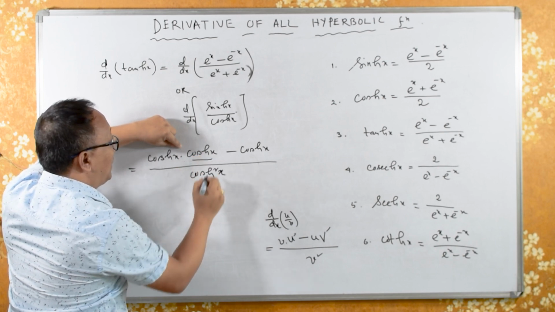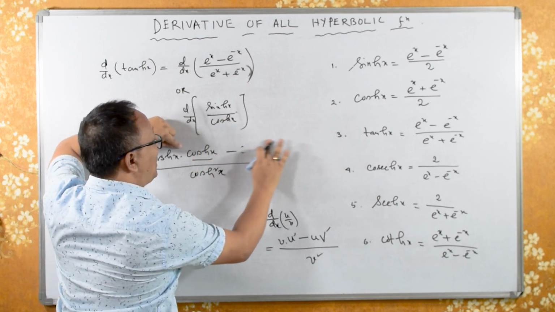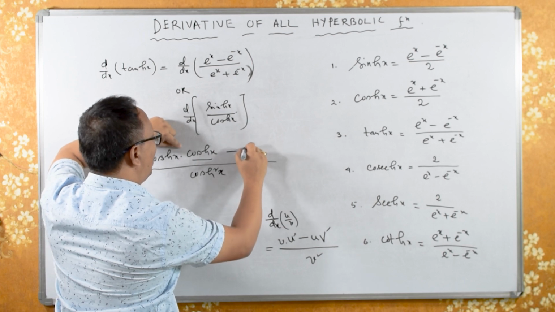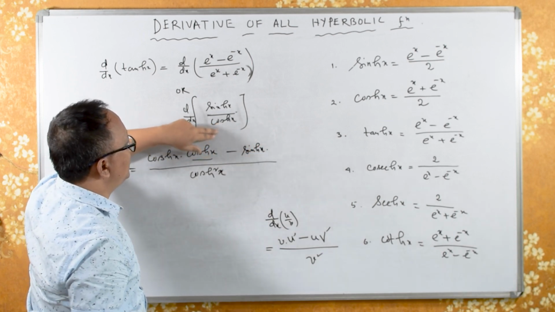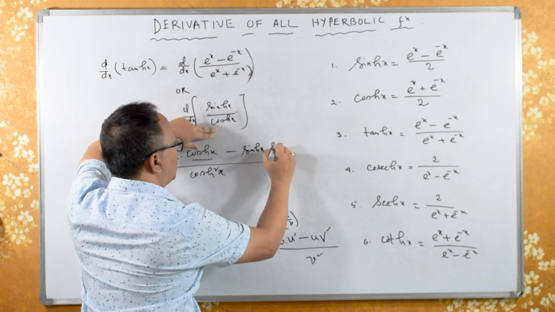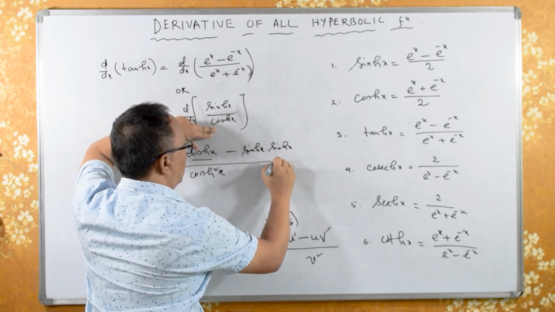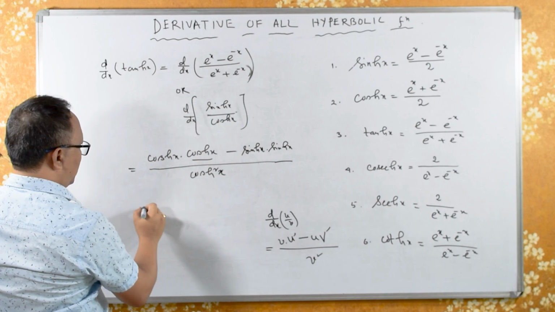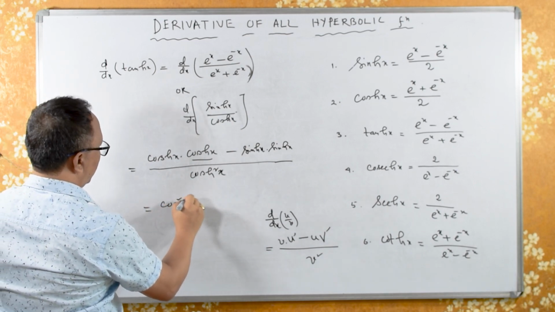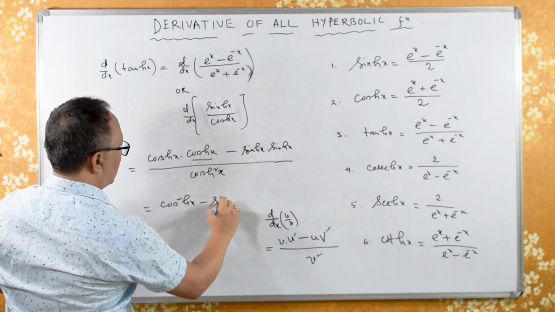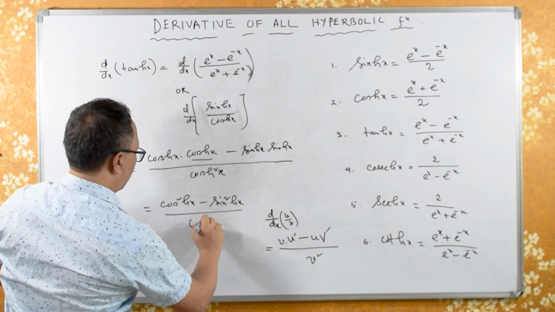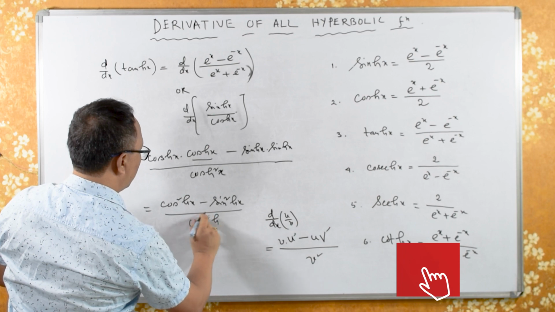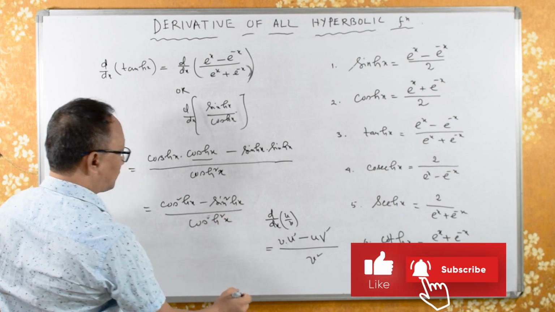Cos hyperbolic x, okay. Now keeping sine hyperbolic x as it is, and differentiating cos hyperbolic x, what is it? Sine hyperbolic x. This is the same as (cos square hyperbolic x minus sine square hyperbolic x) upon cos square hyperbolic x.